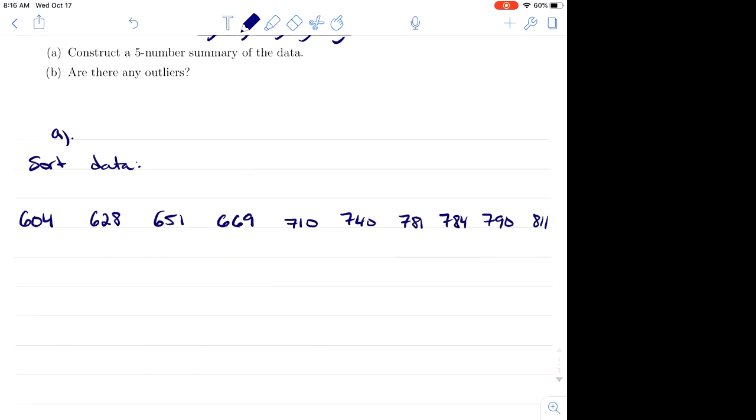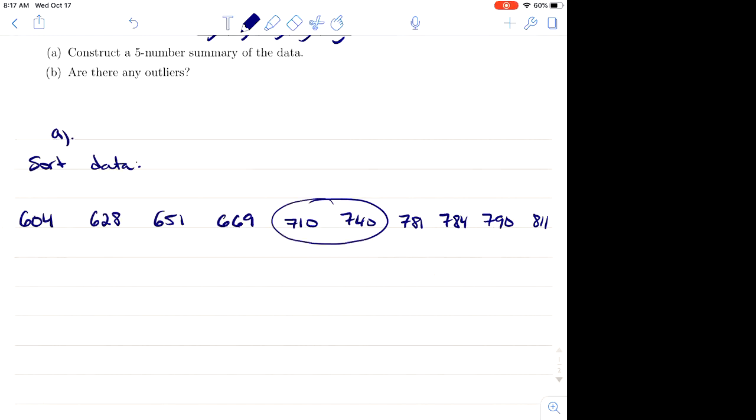Okay. So remember the boop, boop, boop method. There's fancy formulas that you could use, but I like the boop, boop, boop method. So just start from the outsides and boop your way in. So boop, boop, boop, boop, boop. I land on 710 and 740. Okay.